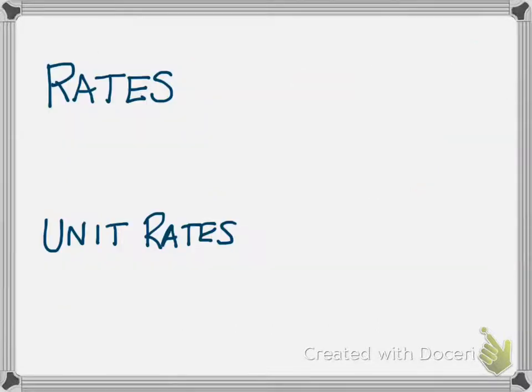Today we learned about the differences between rates and unit rates, and we learned that rates are just ratios that compare two different units. An example would be 150 miles in 3 hours.